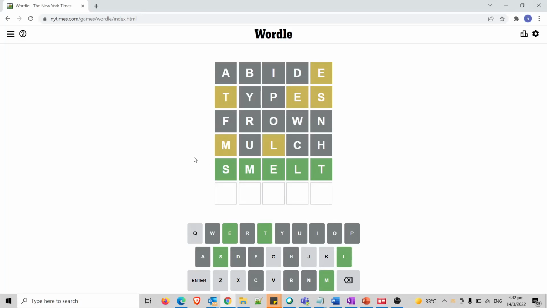It's not a new word, but it's the past tense of smell. Most of you might not be aware of that. Playing Wordle has its own benefits: you can learn a new word every day, if you are not a resident of a native English speaking country, like me.